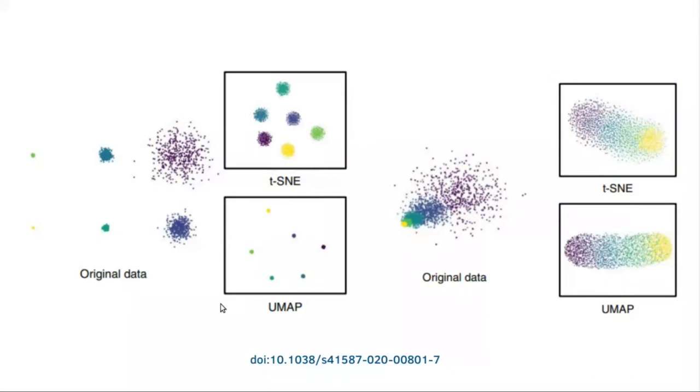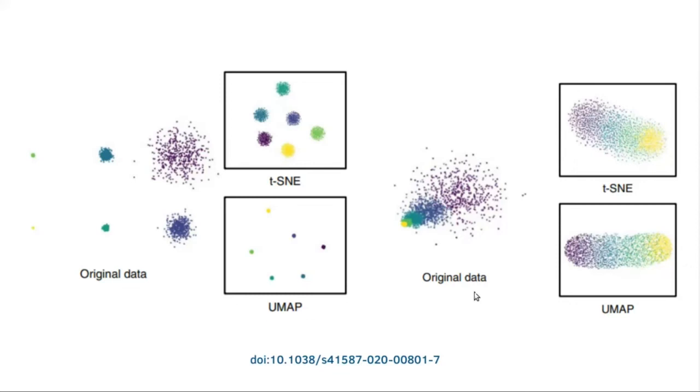So you have on the right and the left two different data sets. You have the original data, the t-SNE and the UMAP. And you can see that in both of them, how spread out the clusters originally are is not really reflected. So it doesn't preserve global density, and there are specific versions of these algorithms if you have a problem that requires that.